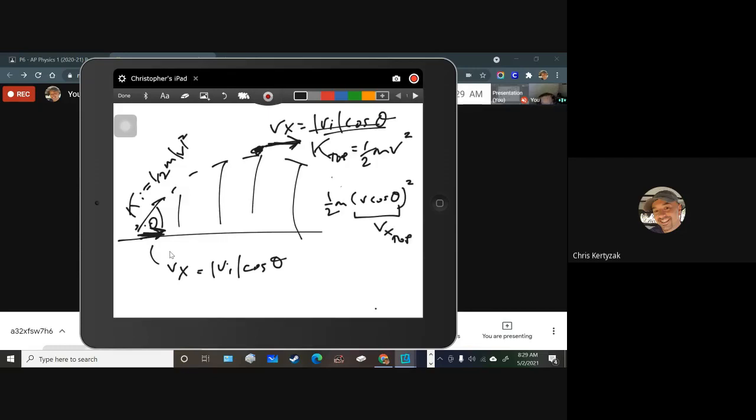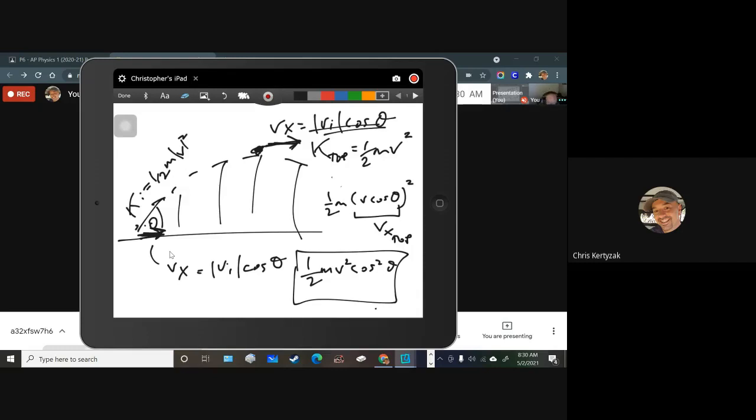You could re-express that as 1/2 m v squared cos theta squared. Just be mindful of it. I'm not expecting that you would memorize this resulting form. Just be mindful that at the top, the kinetic energy relates just to the horizontal speed.